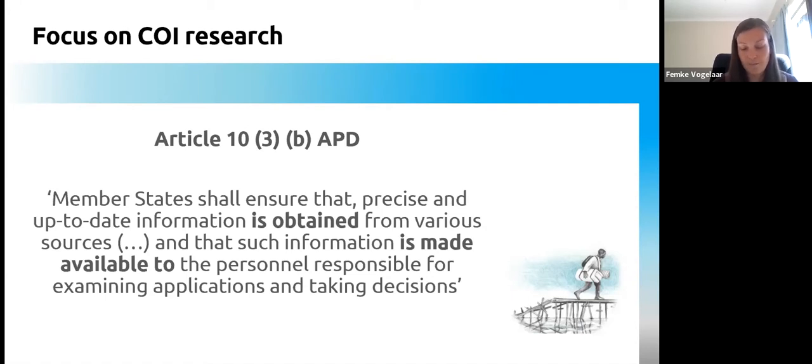UNHCR states that administrative independence from the decision-making authority is the most effective avenue to dispel perceptions of bias. Article 10 reflects the view on the need for independence of the collection process from the decision-making process. However, it fails to reflect the need for decision makers to assess the information for probative value in the context of the circumstances of the individual asylum seeker and the legal criteria for international protection.